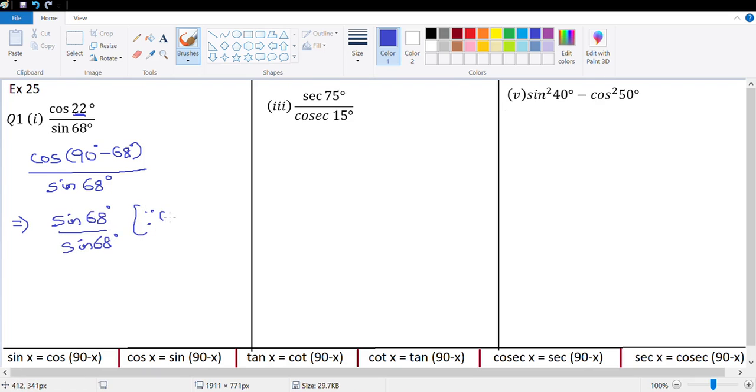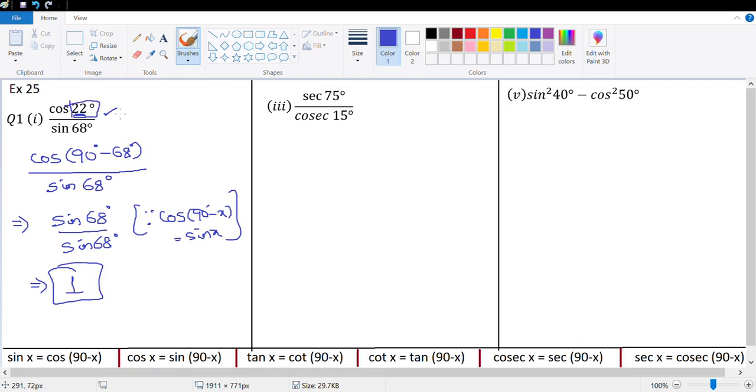Reason, since cos 90 minus x is equal to sin x. This is equal to 1. So please note, all I have done is written 22 in the form of 90 minus 68. Let's look at the next one.